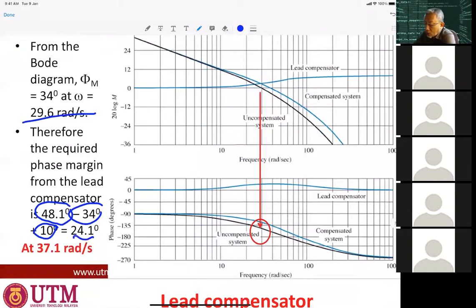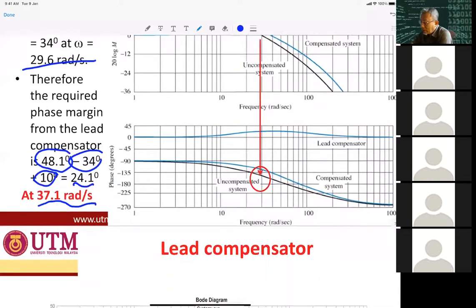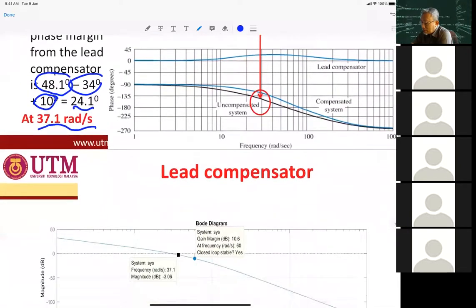So it will be 24.1 degrees at 37.1 radian per second. That is the targeted 24.1 degrees for the lead compensator.